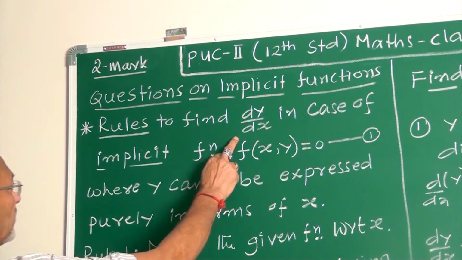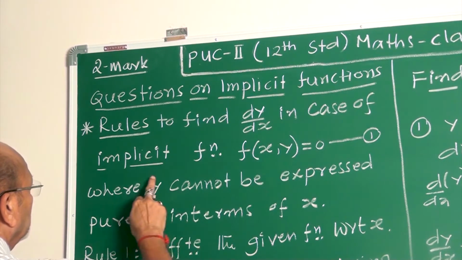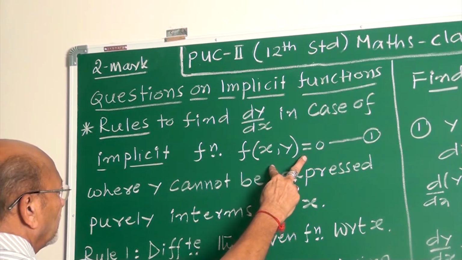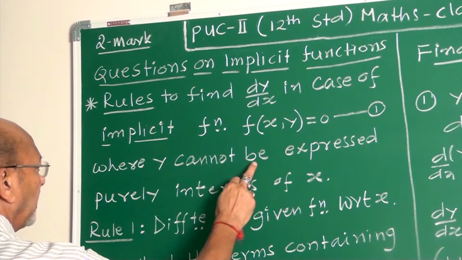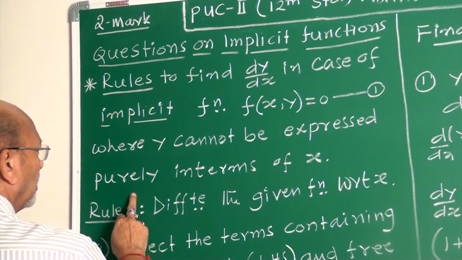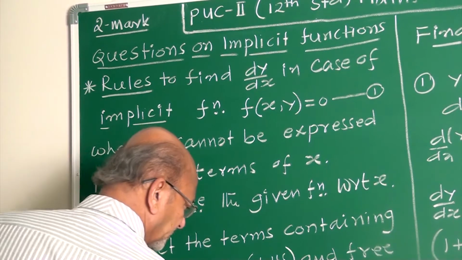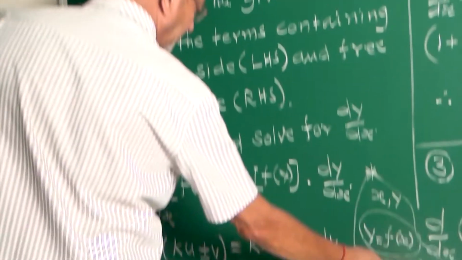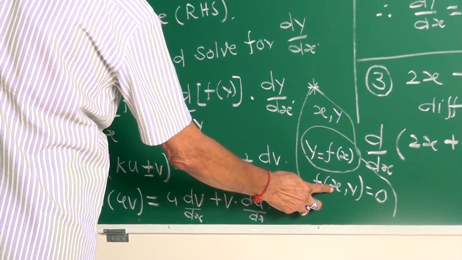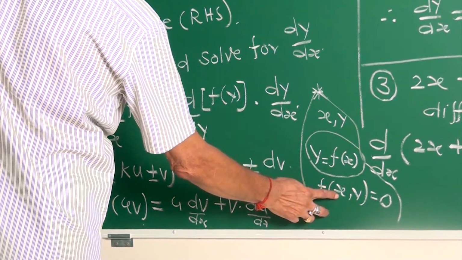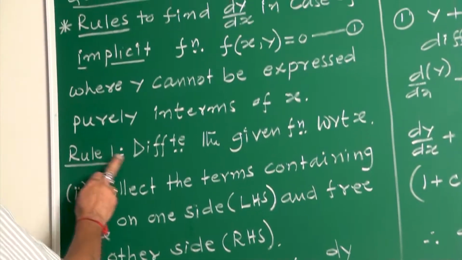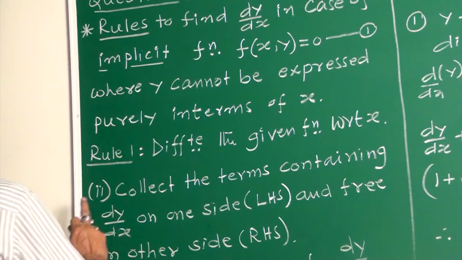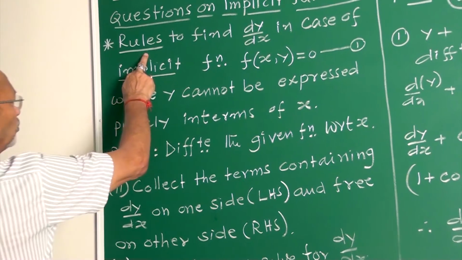Rules to find dy by dx in the case of an implicit function f(x, y) = 0, where y can't be expressed purely in terms of x. I explained here, my friends, that when y can't be expressed in terms of x, y is said to be an implicit function of x. That is the definition. Next, I have started here with the rules.